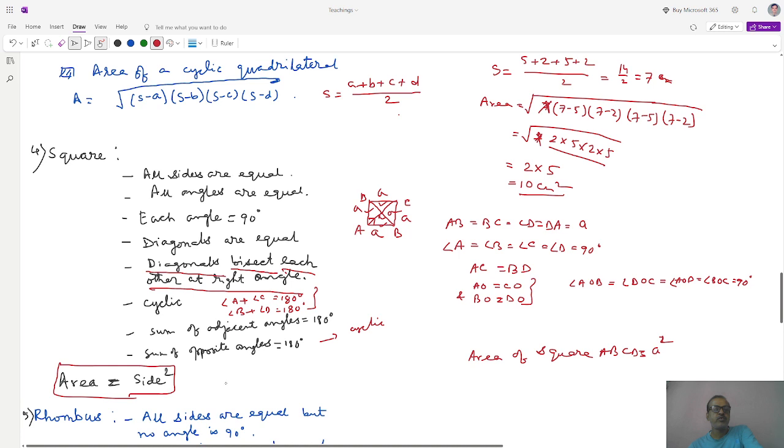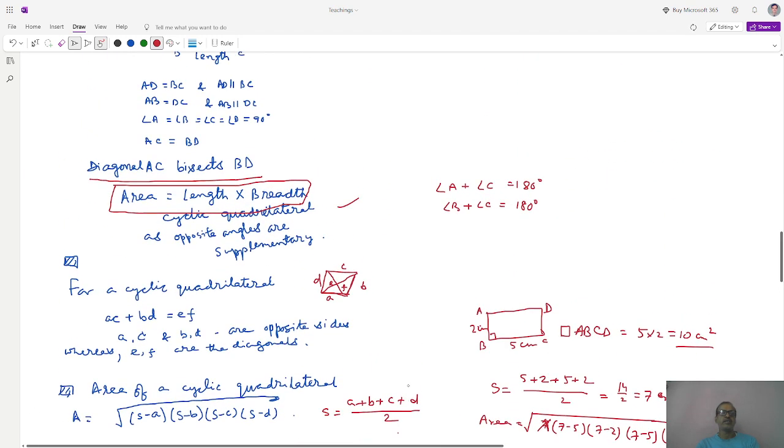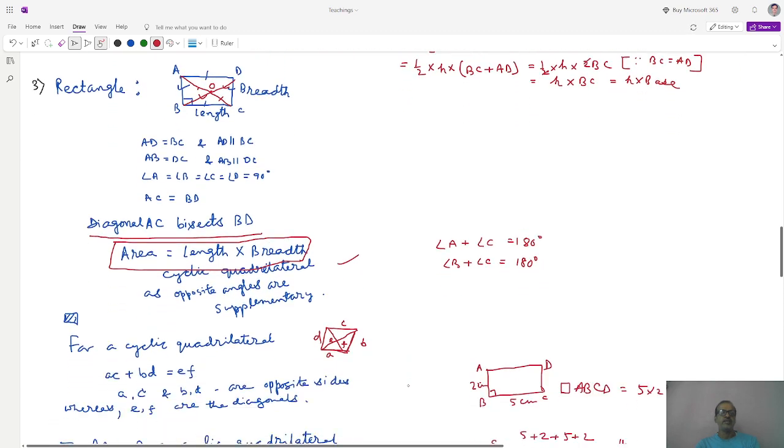So what is the perimeter of a square? Perimeter equals the sum of all sides, 4a. Right. And what is the perimeter of a rectangle?